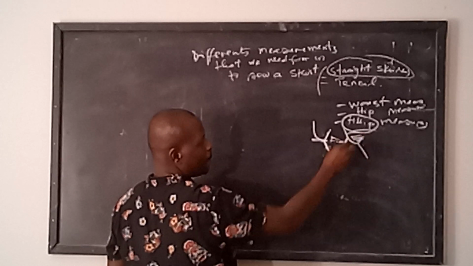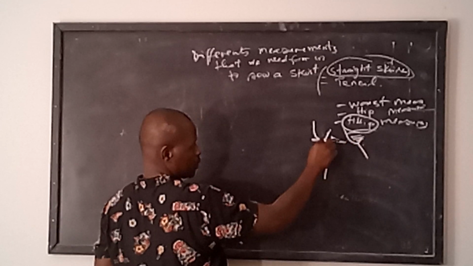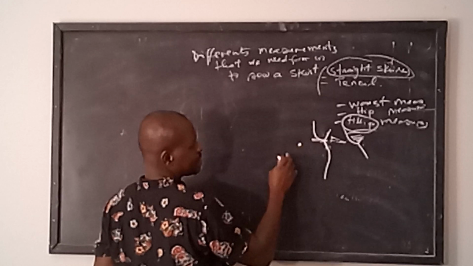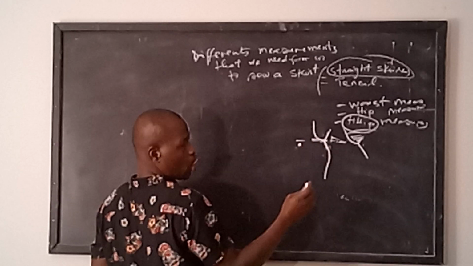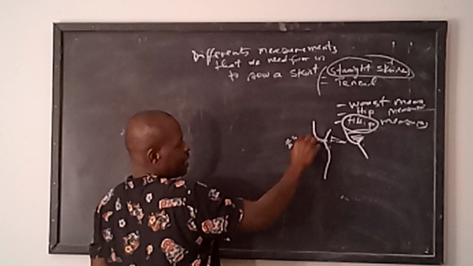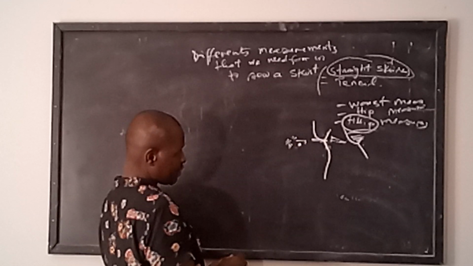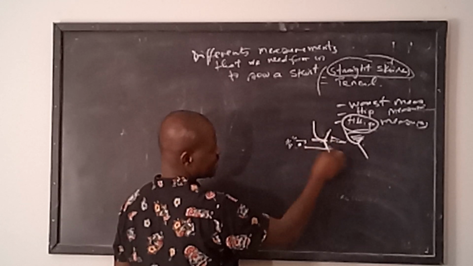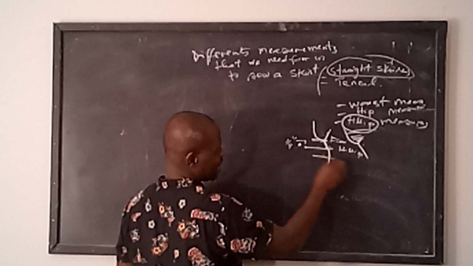Your body cannot bend from the rib, so it bends below. So this is the waist, a quarter of an inch above the umbilical button. If you go down, this is the high hip, and then down here is the hip.